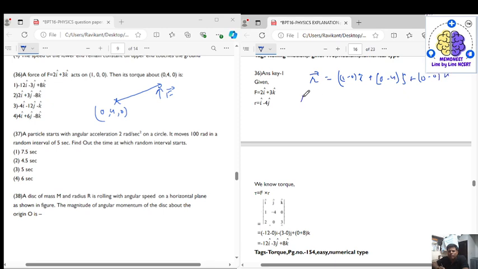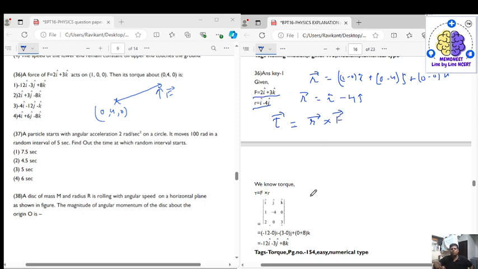So we get R vector as i cap minus 4 j cap. That's it, right? So we have F vector as 2 i cap plus 3 k cap and R vector as i cap minus 4 j cap, and tau is given to us as tau vector is R vector cross your F vector.